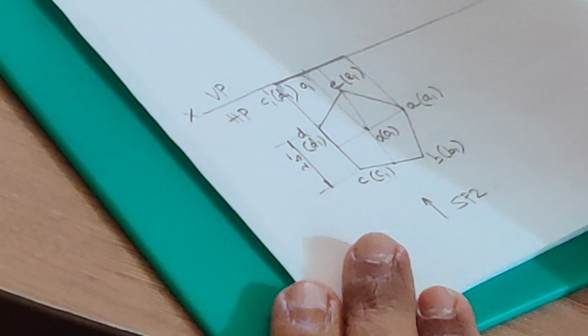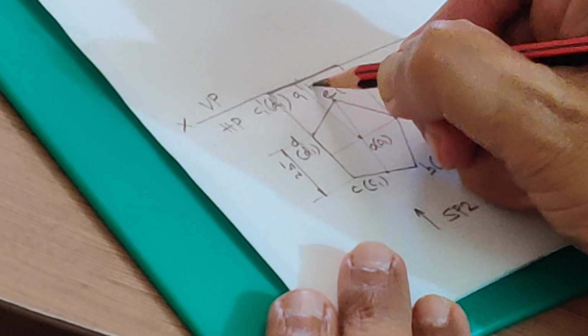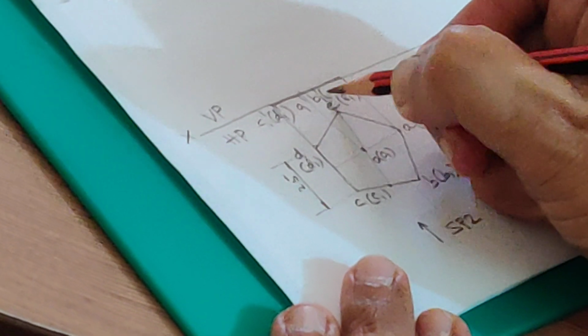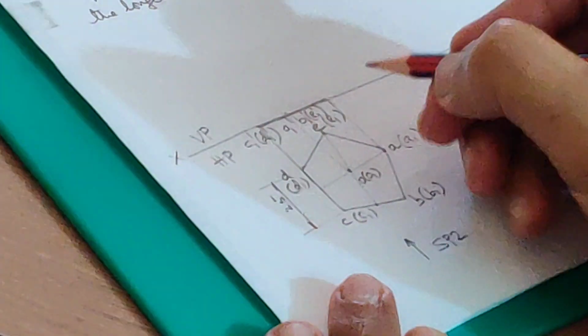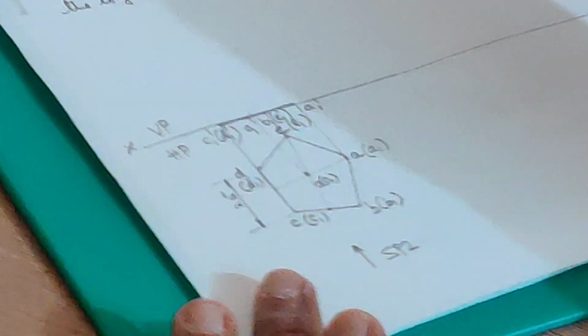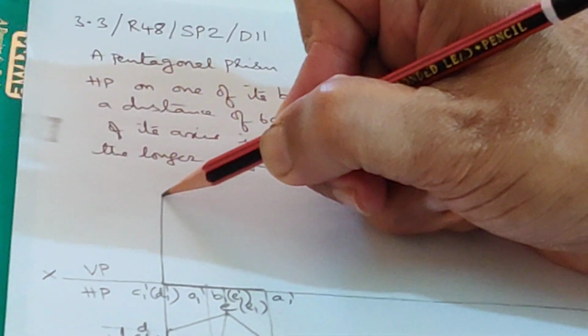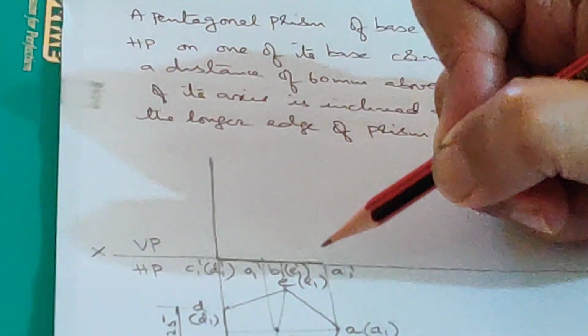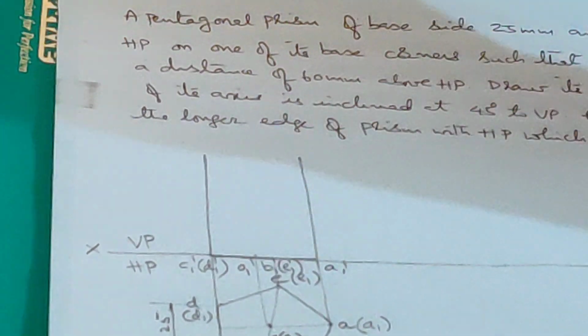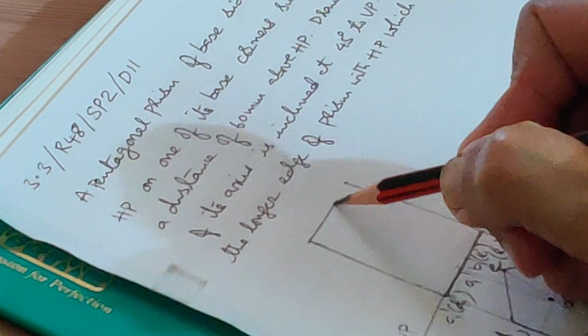This is O1 dash. Then B1 dash visible, E1 dash in brackets, A1 dash. Now I am going to take the height as 50 mm. Let us complete the rectangle.